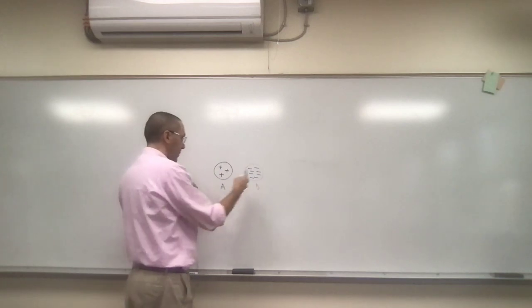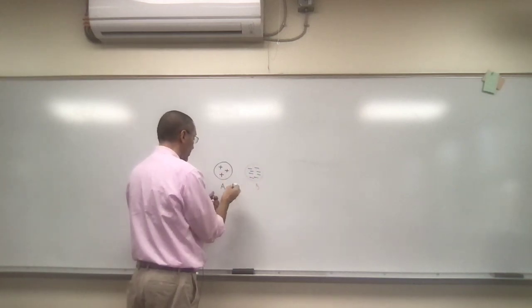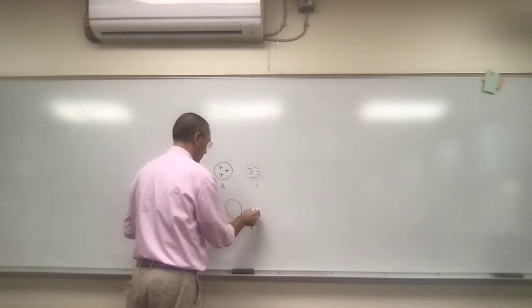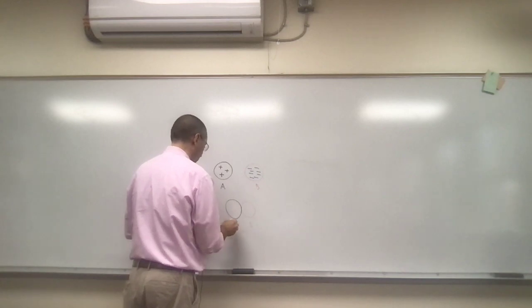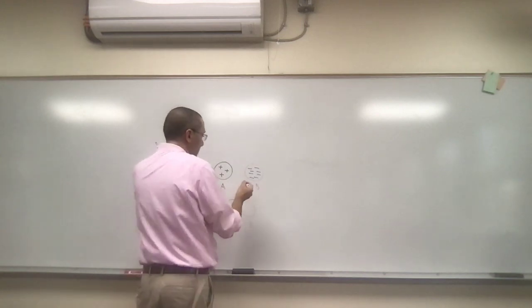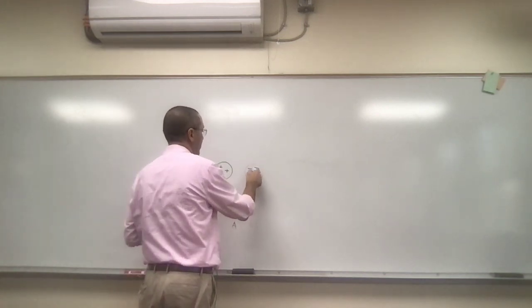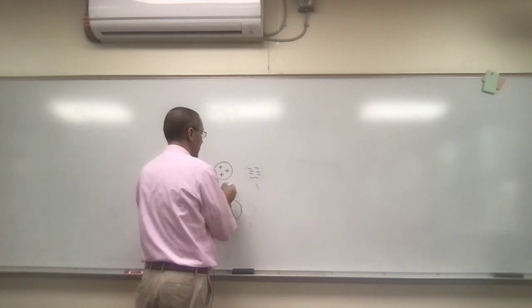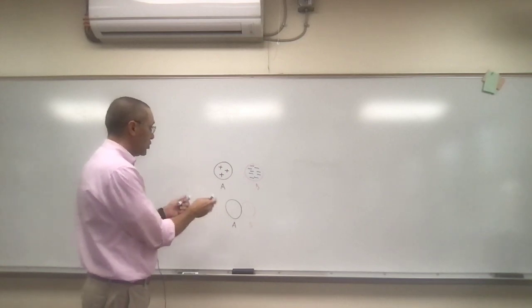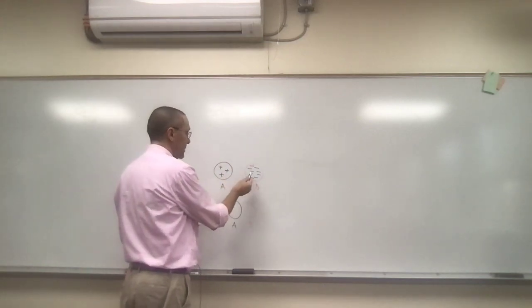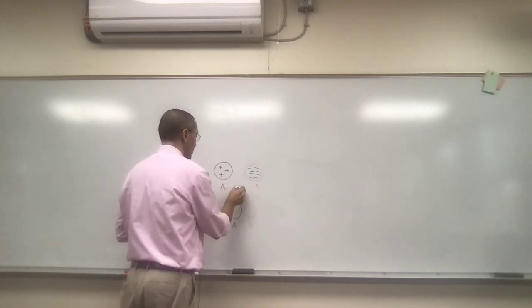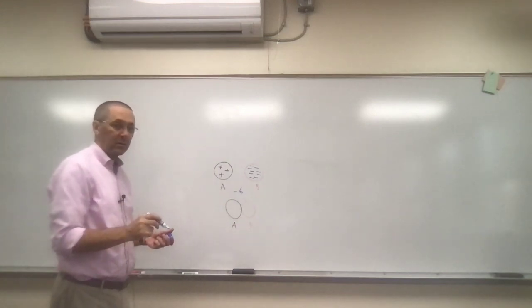If I put these together, in other words, if I allow them to touch, I think you can see that the net charge, let's count, 1, 2, 3, 4, 5, 6, 7, 8. So I'll make it an even number, that's 9. So if I put them together, the net charge will be positive 3 minus 9, so it's going to be a negative 6. That's the net when I combine them.